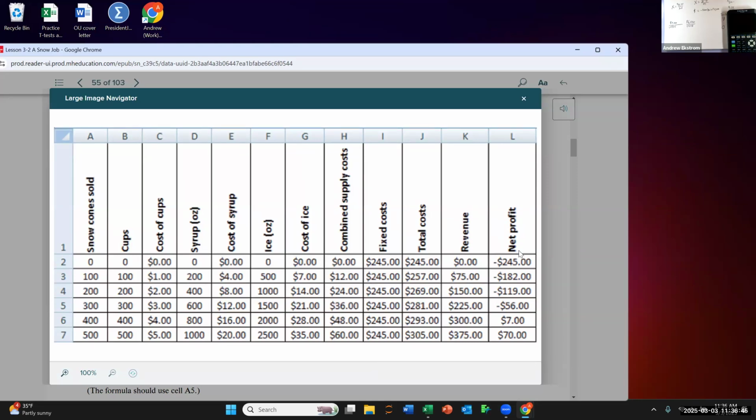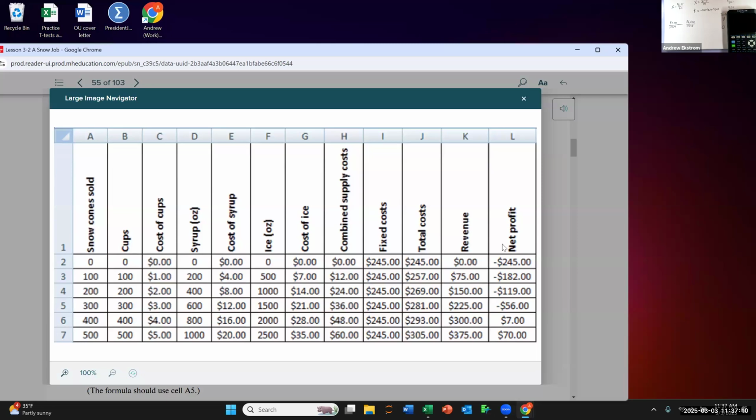If you do it correctly, what you end up with is basically this column A is going to be your X value. This net profit here is going to be your Y value. You can plug those into your graphing calculator the way that we did with those 2 data points and figure out what the slope of the line is going to be. Or if we already know, in this case, the fixed cost is $245.